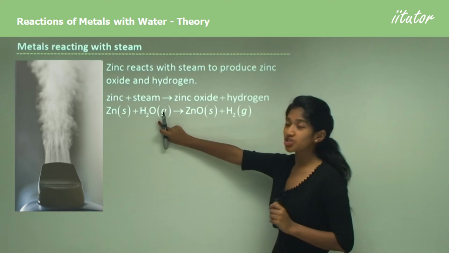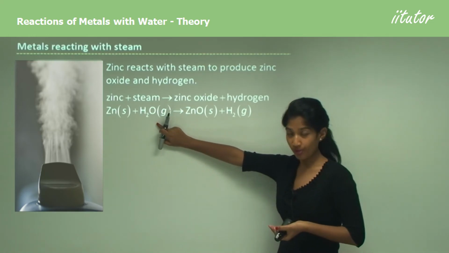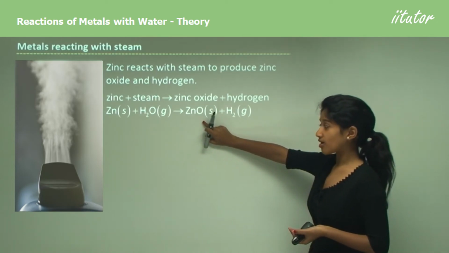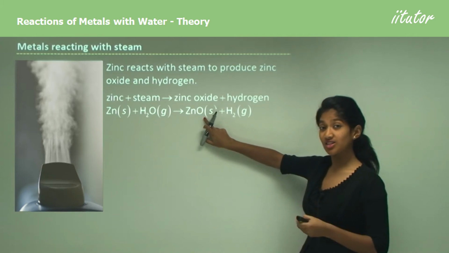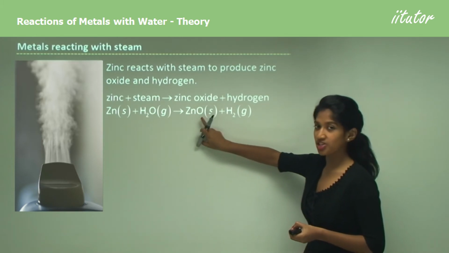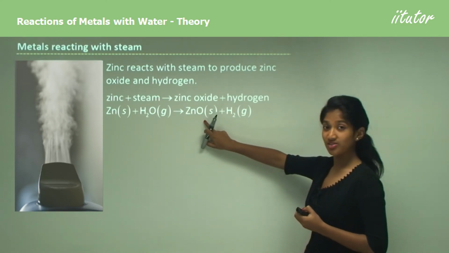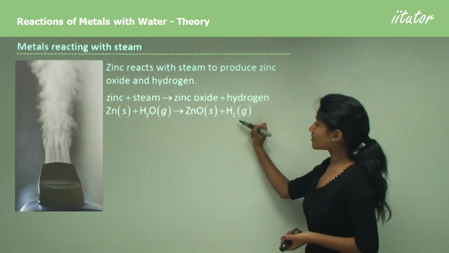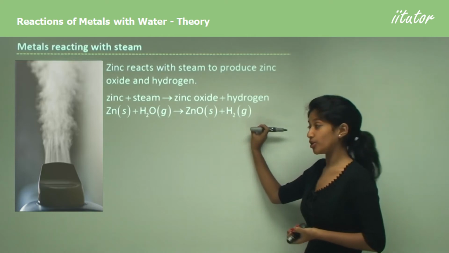We have steam, which is practically water in its gaseous state, so it's just H2O. It's going to form zinc oxide. Zinc has a valency of 2 and oxygen has a valency of -2, which means the valencies cancel out and you're not going to have any subscripts, so you have ZnO as your zinc oxide. And we have hydrogen gas being produced, which is H2, because it's a diatomic molecule.